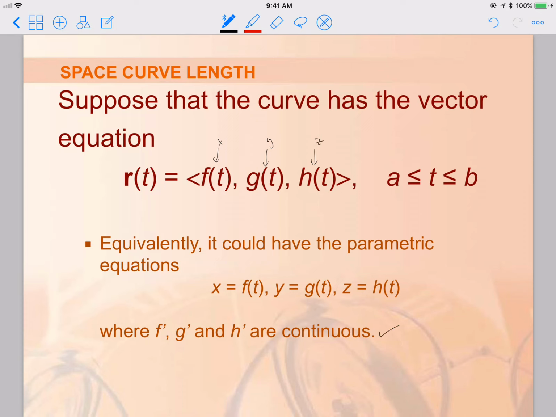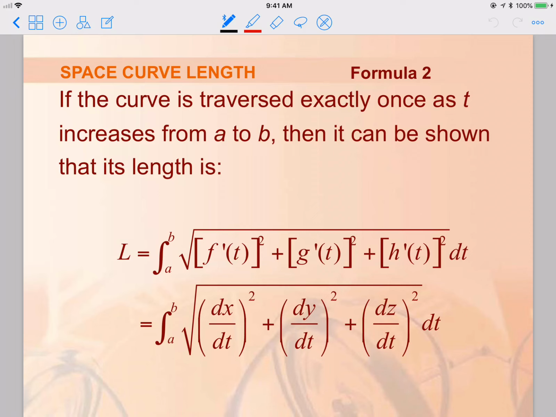And if we make the assumption that all the derivatives of those component functions are continuous, then the arc length is going to be the x prime squared plus y prime squared plus z prime squared, square root that, integrate from a to b.